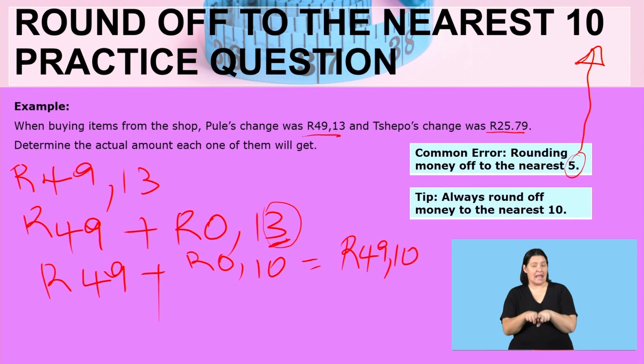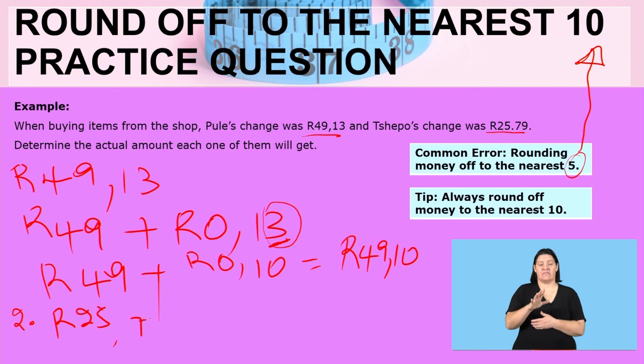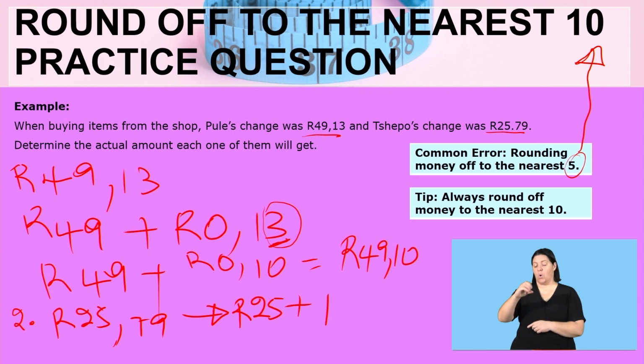And the same as we look at what Tshepo will get as well. Remember, for Tshepo, we have 25 rand 79. So 25 rand 79 is similar to 25 rand plus 0.79.